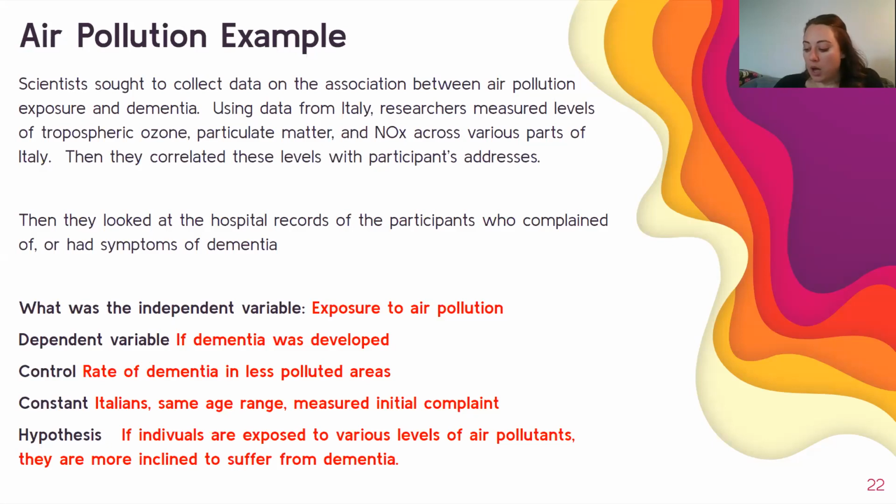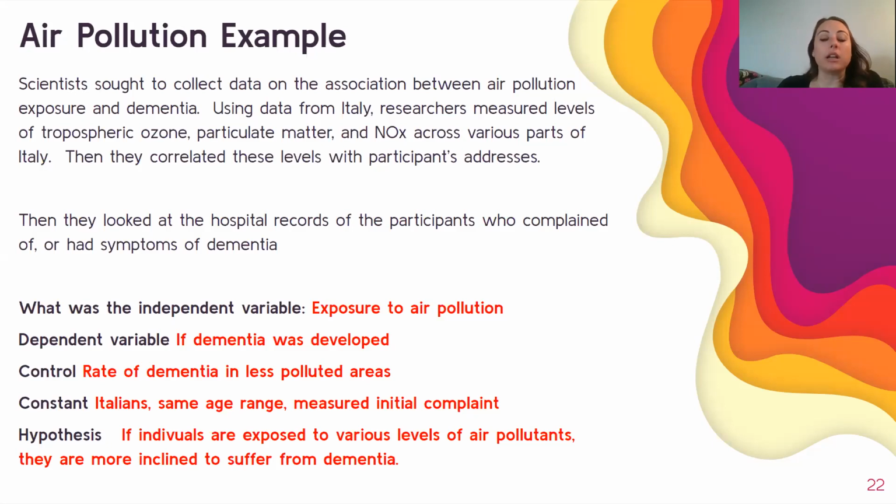And then we went on to talk a little bit about the control, okay? The control is dementia in an area that didn't have any pollution. So we're going to find data from outside Italy, I think this was, yeah. So maybe we're going to compare it to data in rural United States that typically has less exposure to air pollutants. So we're going to compare it to rural Italy.